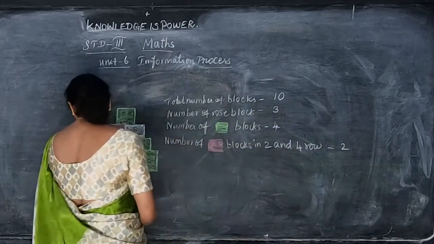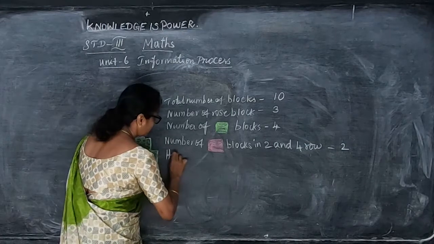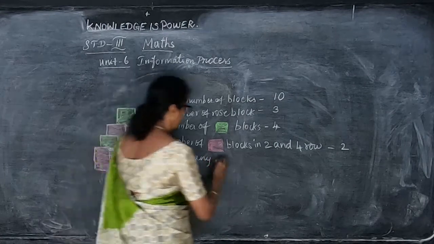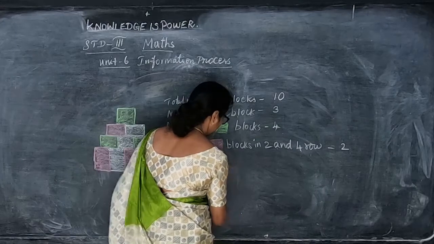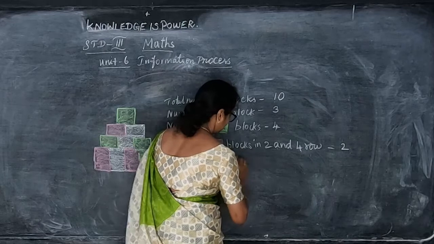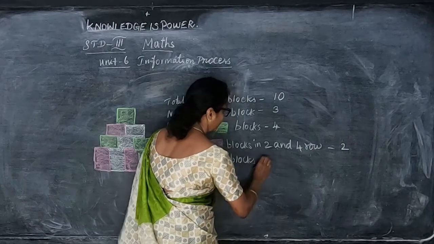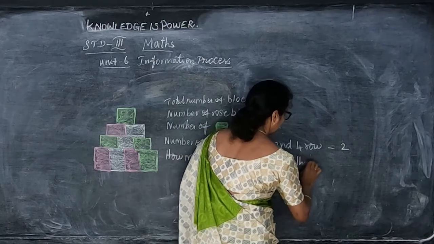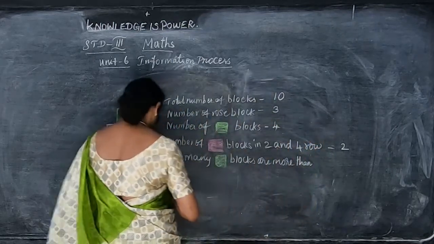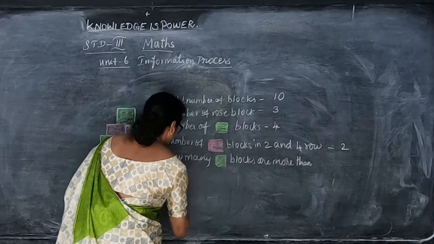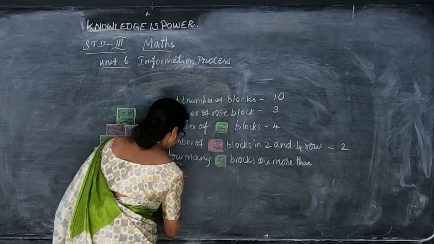And then how many green blocks are more than the pink blocks? Compare pink and green, how much is there?